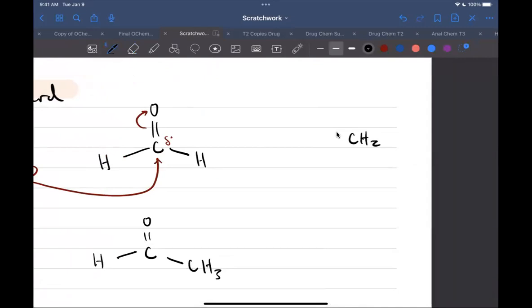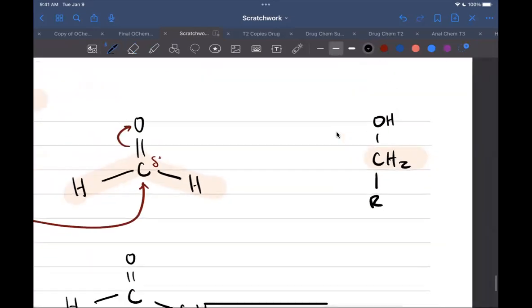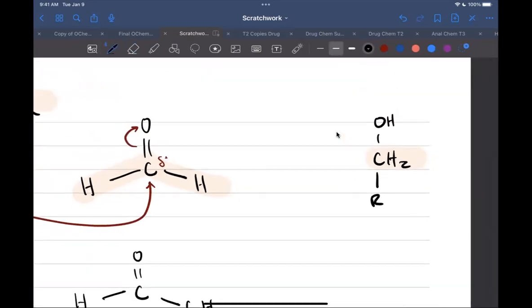CH2, right? OH, R. Because essentially, first off, that double bond broke to become this. And again, when we have a Grignard reagent, we always treat it with acid to make that oxygen into an alcohol. So essentially, what we just added, well, this is our Grignard, right? And that H is from H3O plus.